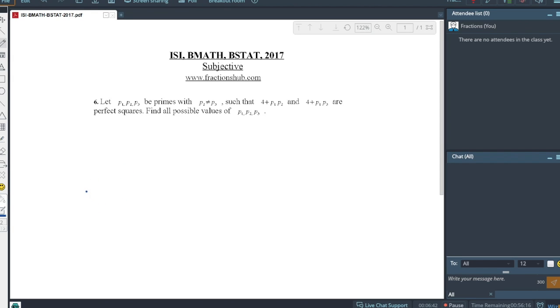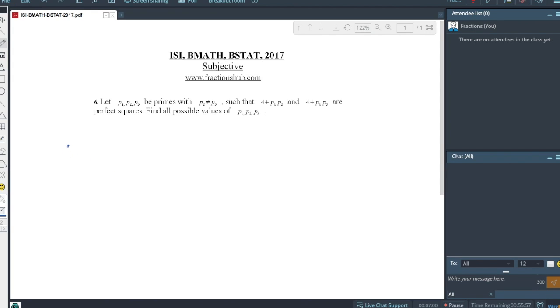So obviously we'll be starting by taking 4 plus P1 P2 as a perfect square and 4 plus P1 times P3 as a perfect square. That's the only thing given, and we have to start with it.